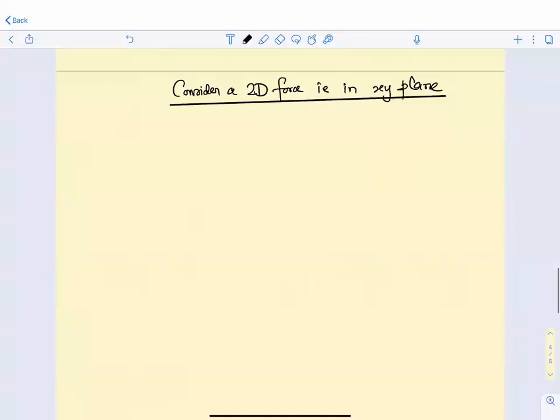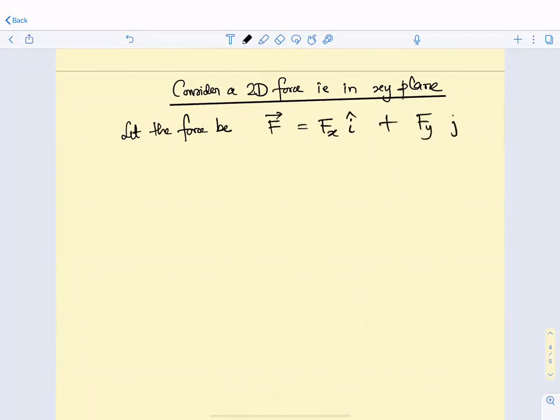So let the force be F equal to Fx i cap plus Fy j cap.